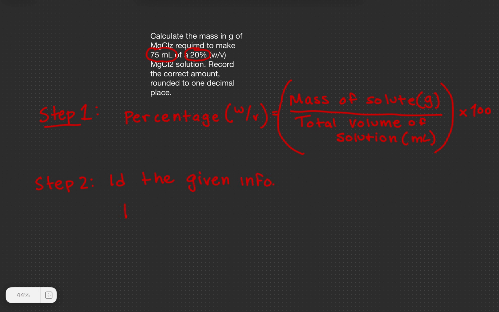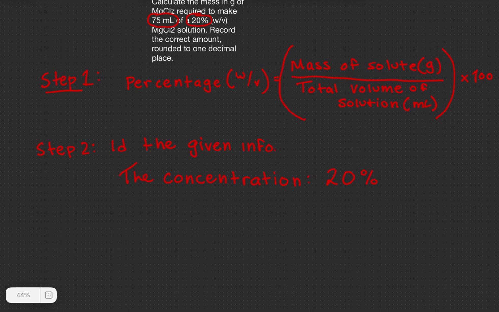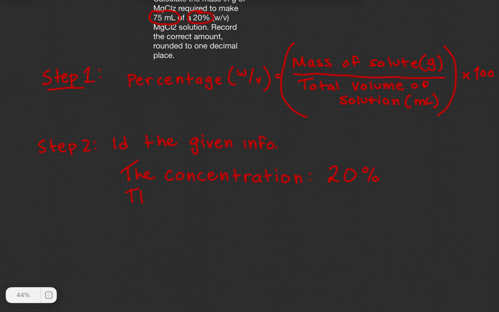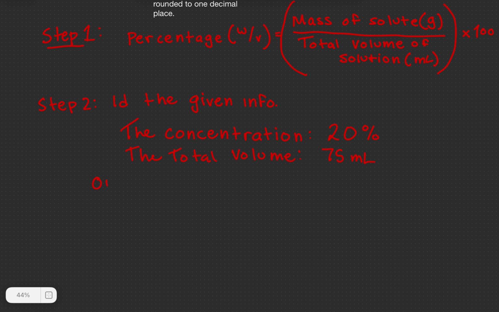The concentration here that we know is going to be 20% weight over volume, and the total volume is going to be 75 milliliters. And so our goal is to find the mass.